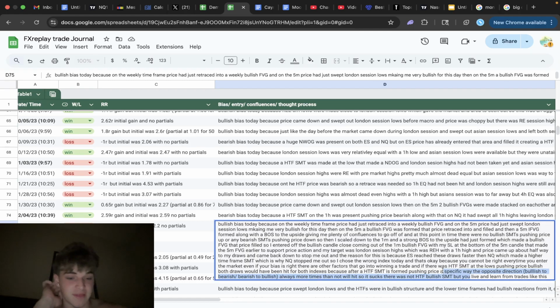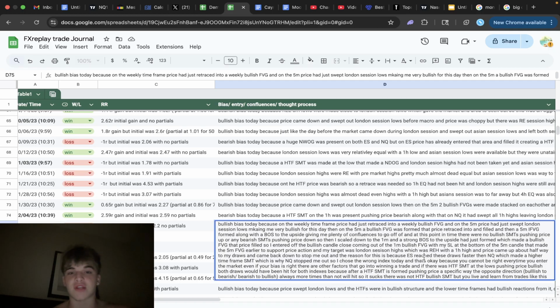But yeah, back to explaining this. When there's a high time frame, let's say I'm bullish for the day, right? If there's a high time frame SMT pushing bullish, I usually would be prone to entering lightly on both indexes, because more times than not, in all of my time trading and backtesting, when we have a high time frame SMT at, let's say, the lows in this case scenario, because I'm bullish, both draws on both indexes will be taken out.